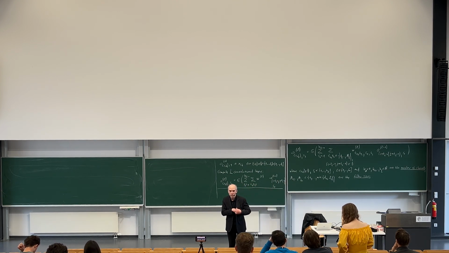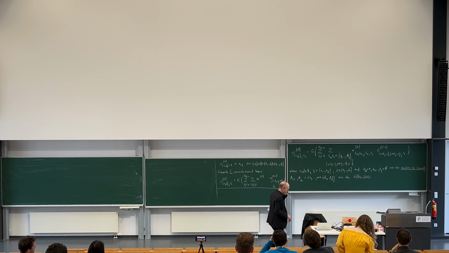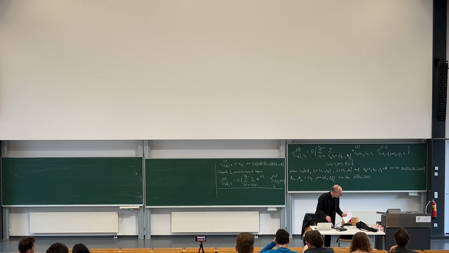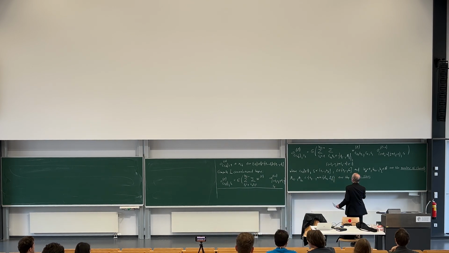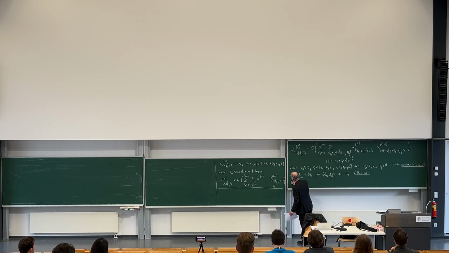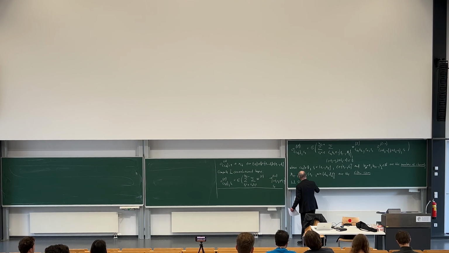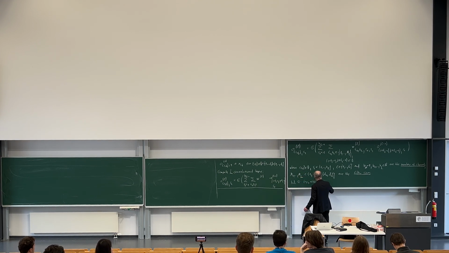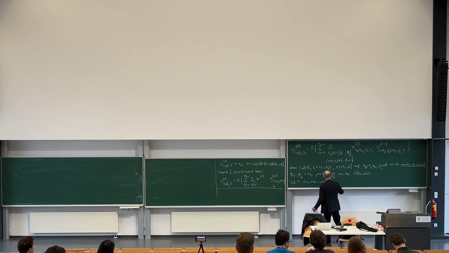Okay, I would like to go on. I've forgotten, of course, here, sigma is the activation function. For instance, I can use the ReLU activation function, maximum of x and 0.